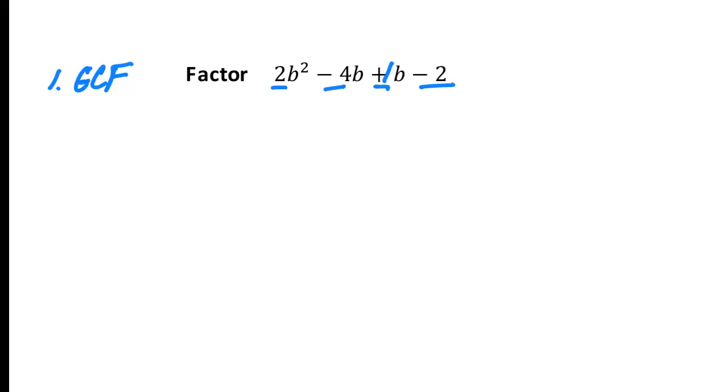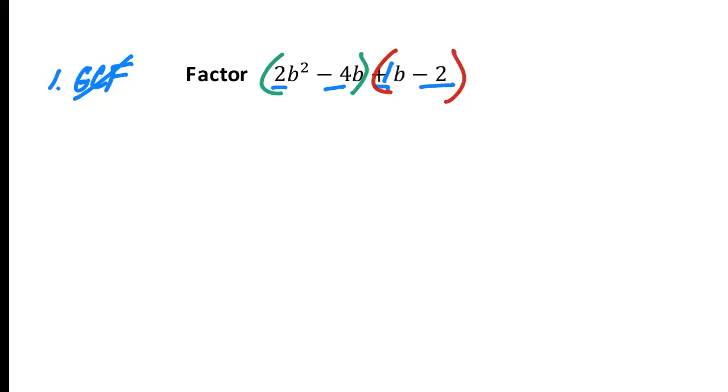Alone on its own, I can't use that as the greatest common factor. If you divide by 1, you would get the exact same polynomial. And I do not have a b value in every term. The last term has no b. So I will factor by grouping, group together the first two and the last two.